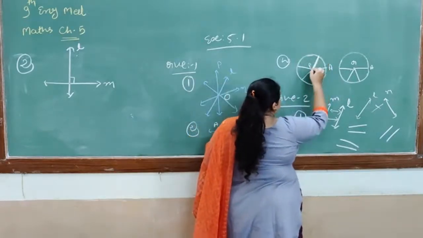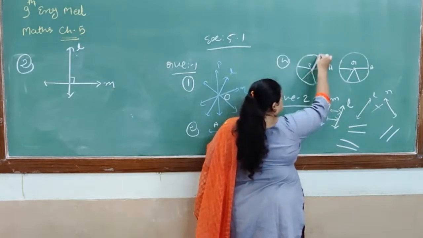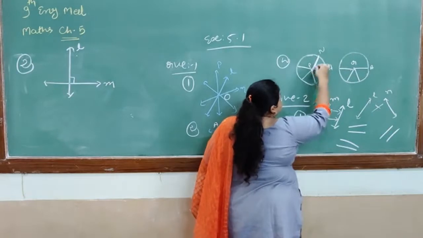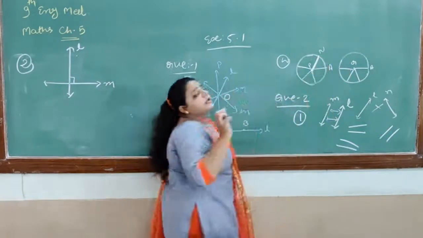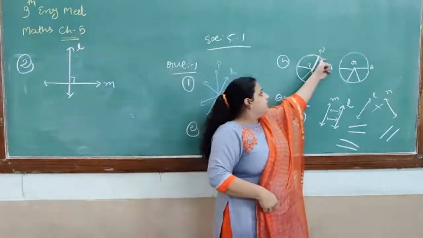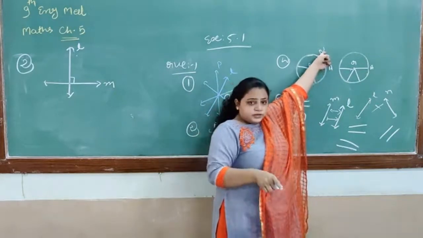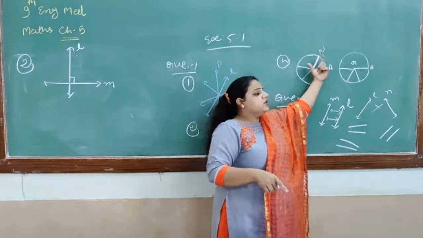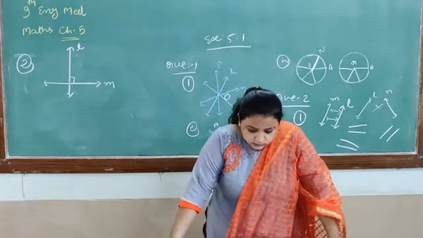The distance between the center and any other point on the circle is known as the radius of a circle. Otherwise, on the circle, take any point and go towards the center. This distance is known as the radius of a circle.